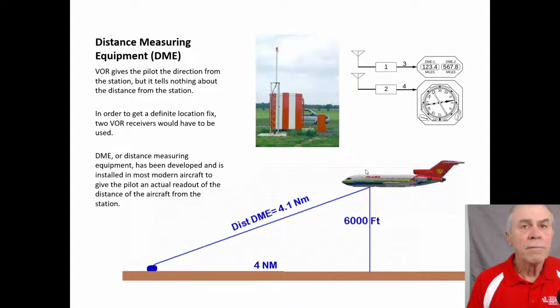Okay, and an independent DME broadcaster on the ground. It's not as fancy as VOR. You could see that right there. It doesn't have to worry about direction, so omnidirectional. It's more for distance.